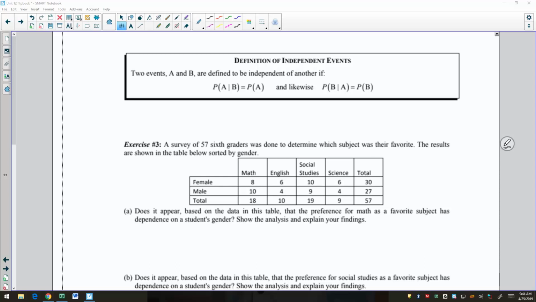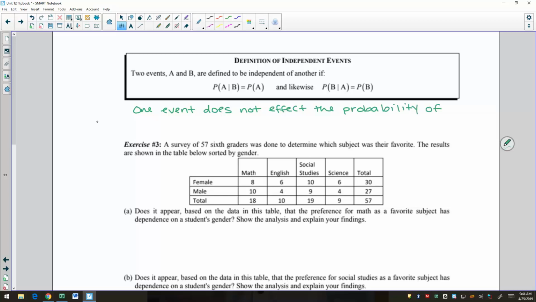This video is on Unit 12, Lessons 5 and 6, and Lesson 5 starts with talking about independent events. You guys should know what the word independent itself means. When we apply that to probability, independent events are when one event does not affect the probability of the second event.